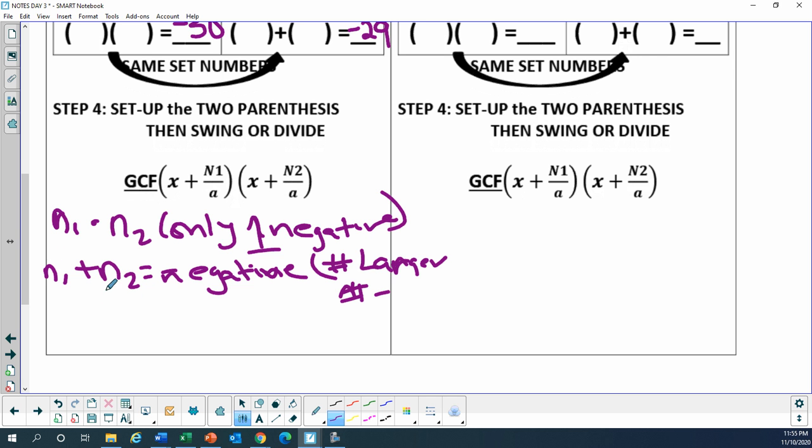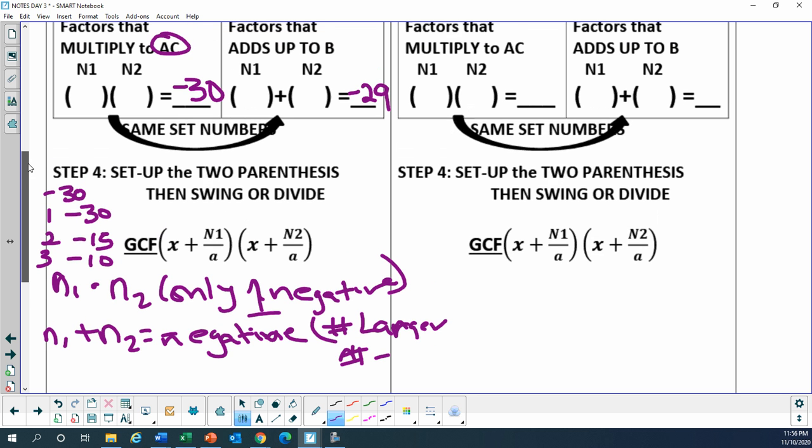So then let's look at it. I need to get negative 30 when I multiply. When I add, I need to get negative 29. So the smaller numbers are my positive number, right? So 1 times negative 30, 2 times negative 15, 3 times negative 10. But without even going further, when I add the 2 numbers, it needs to be negative 29, right?